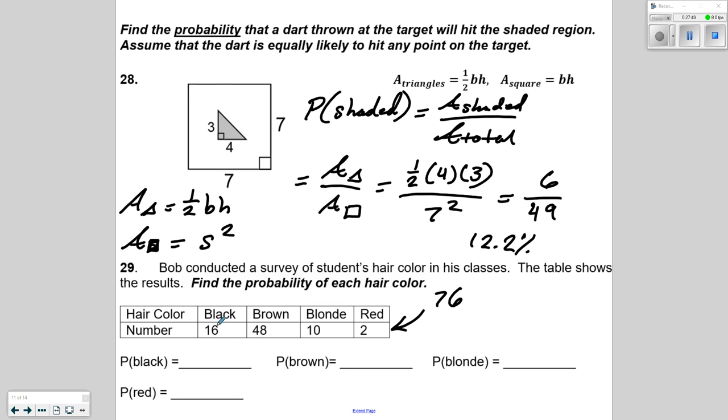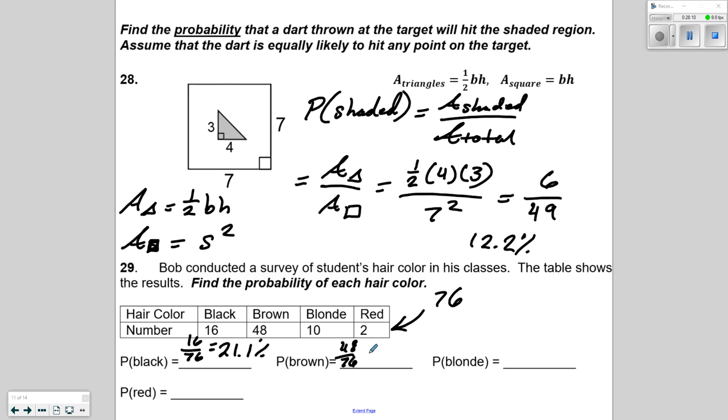All right, so the probability that someone has black hair is the amount of people that had black hair, 16, divided by the total amount of people that were surveyed, 76. If we did that, we'd get 21.1%. The probability someone has brown hair is going to be 48 out of 76.